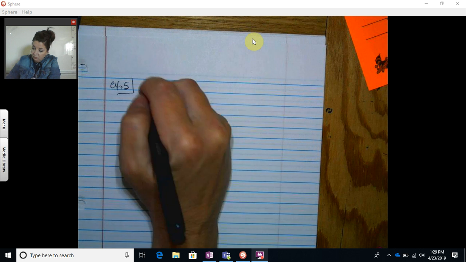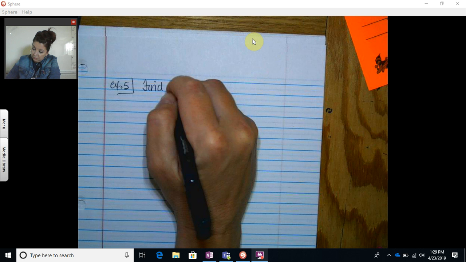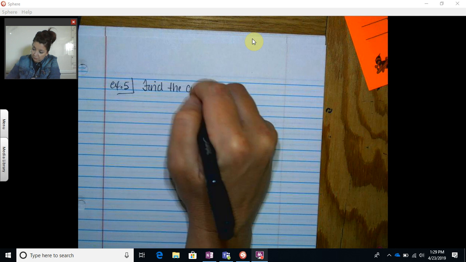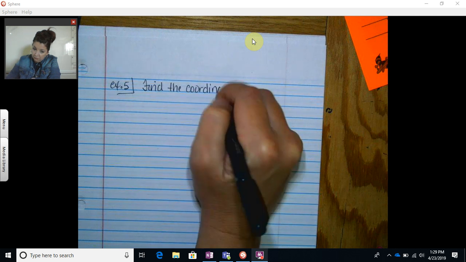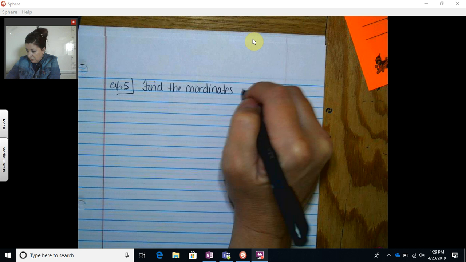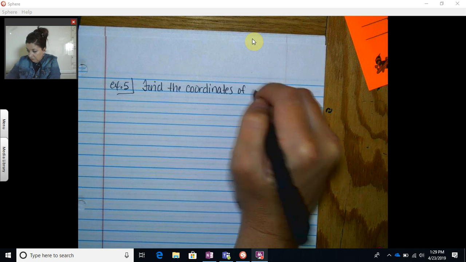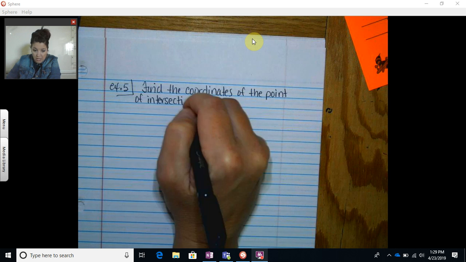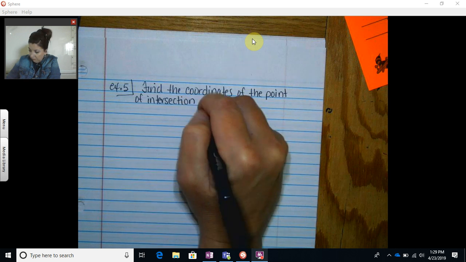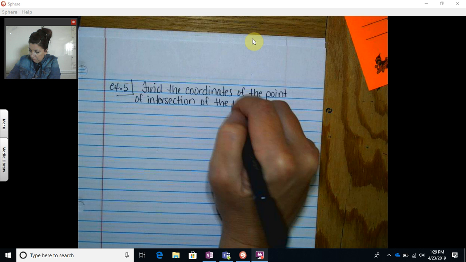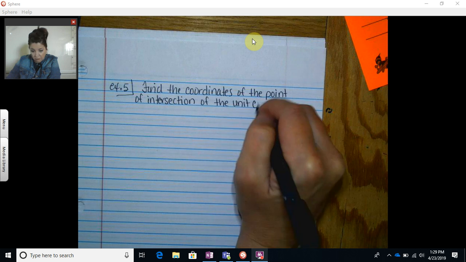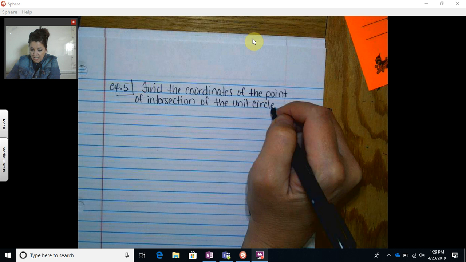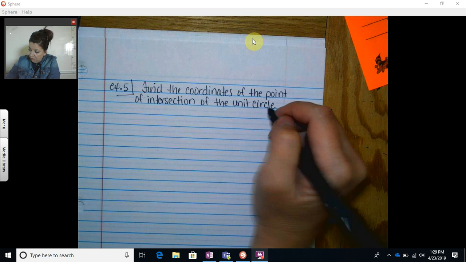Find the coordinates of the point of intersection of the unit circle and a negative 120-degree angle.